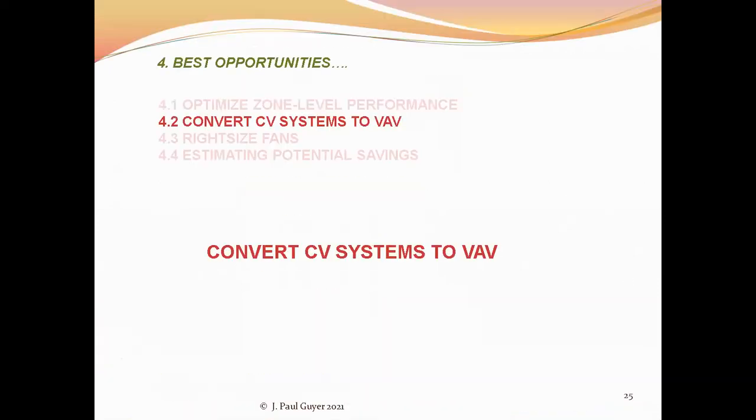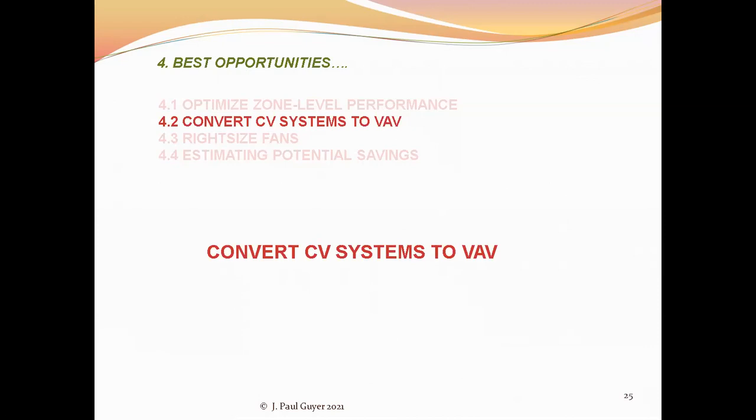Now, the next category of opportunities is to convert a constant volume system to a variable air volume system. And this can be a significant energy saver. Retrofitting from constant volume to variable air volume is probably the most widely employed energy saving retrofit to commercial HVAC systems.